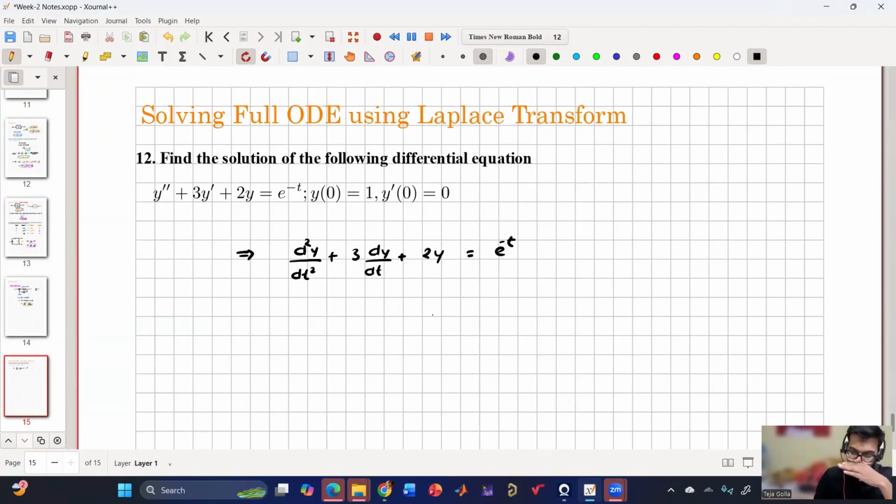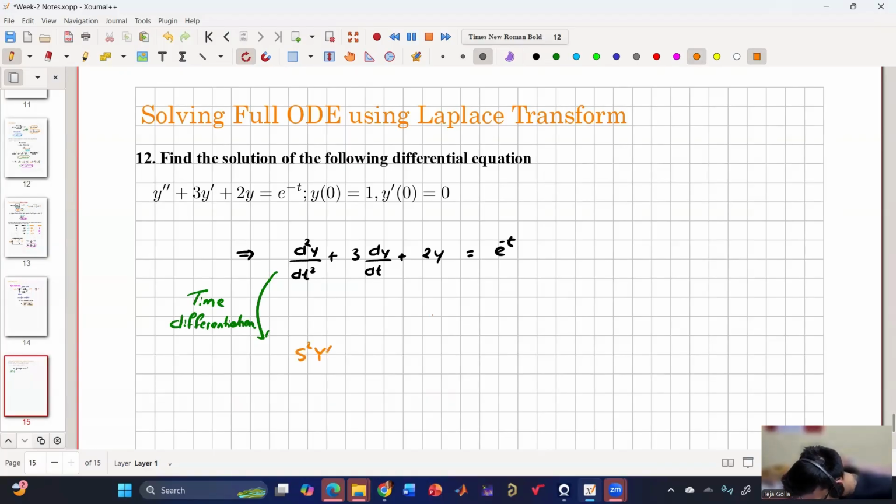So if we apply Laplace transform on both the sides, it is the time differentiation property that we are going to use, right? So what will be the expression? S square into y of s minus s into y of 0 minus y dash of 0 for the first term.